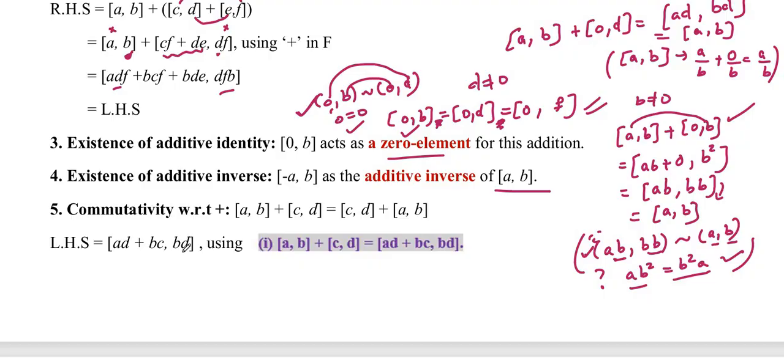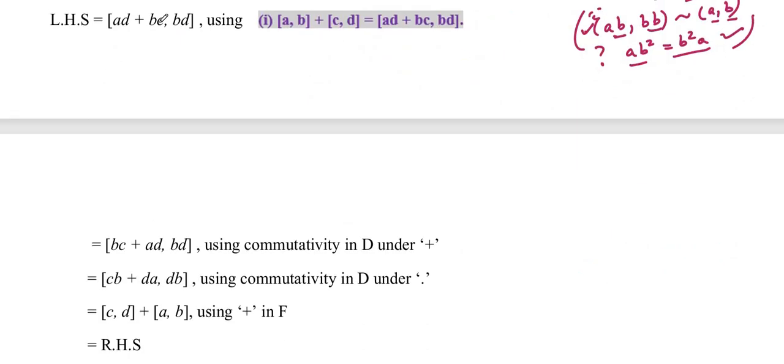So using that you are writing it. And under addition, this is commutative. So you rewrite in this way. Again under multiplication also it is commutative. So you have this step, and this is nothing but just see that CB plus DA, and then second place DB. So you have this. So this is nothing but the sum of these two.